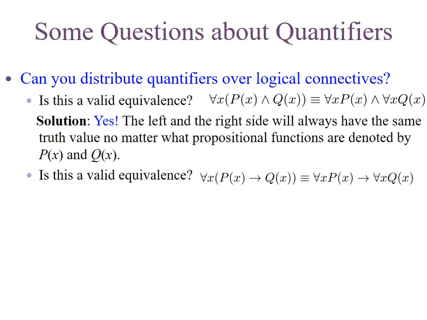Let's see the second one. For all x, if p of x is true and q of x is true, is that equivalent to for all x p of x and for all x q of x? Okay, please draw the Venn diagram of these two to compare if they have the same meaning.